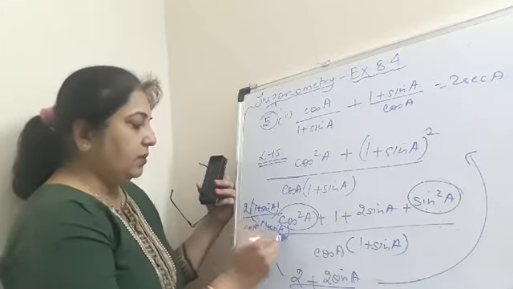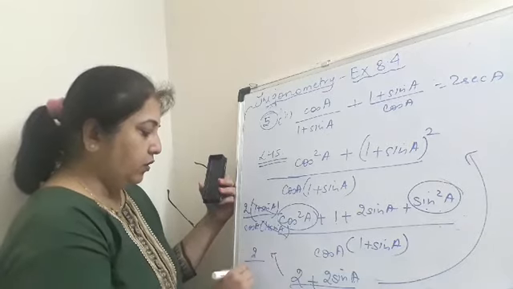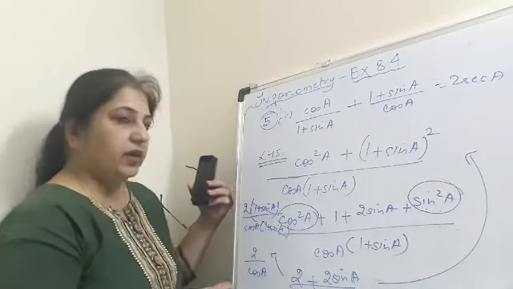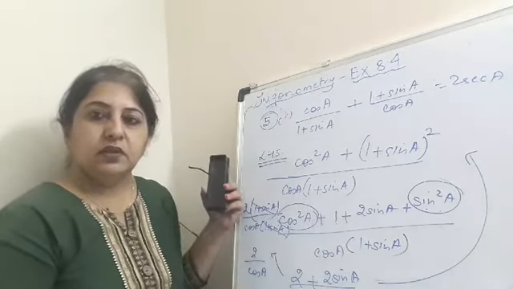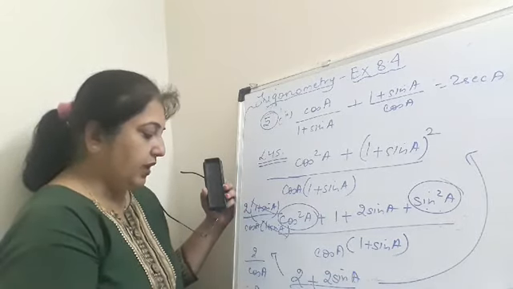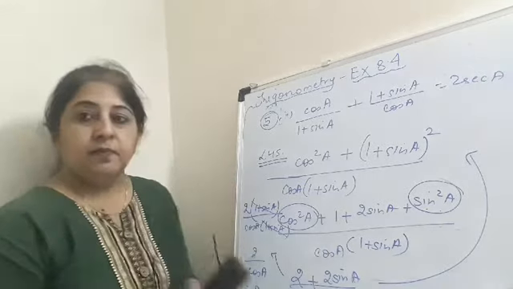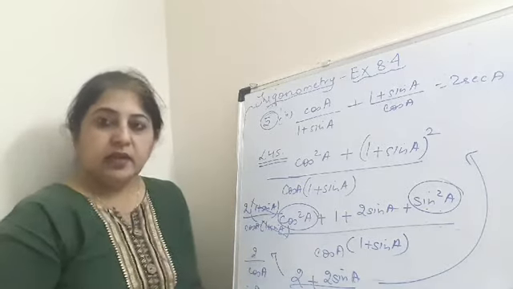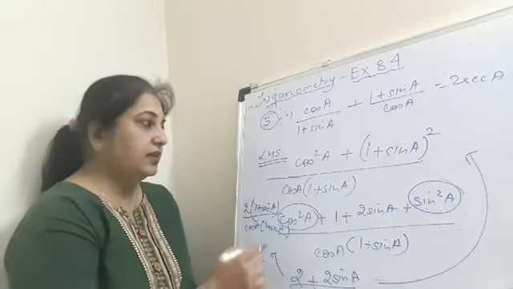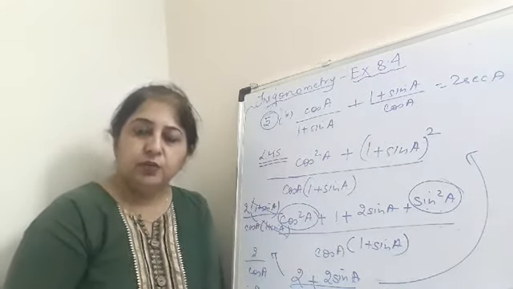You can cancel 1 plus sin A and 1 plus sin A, and therefore I get 2 upon cos A. What is 1 upon cos A? 1 upon cos A is equal to sec A, and therefore it is equal to 2 sec A, and that is given in the right hand side. Hence, the solution is correct, and we get left hand side is equal to right hand side, and in the end we write hence verified or hence proved.